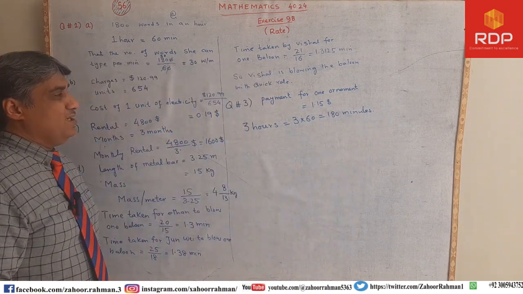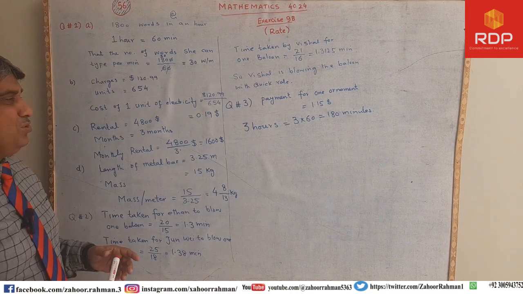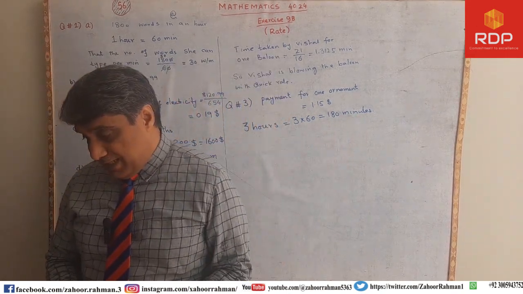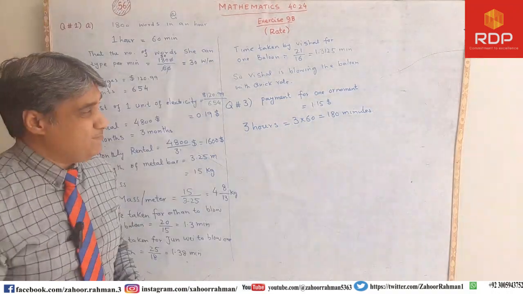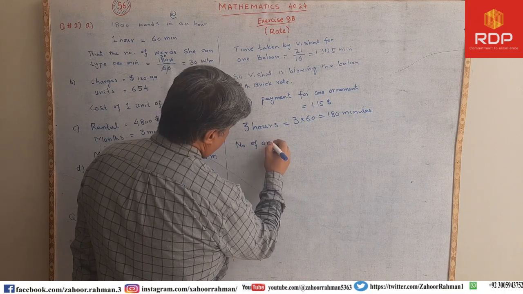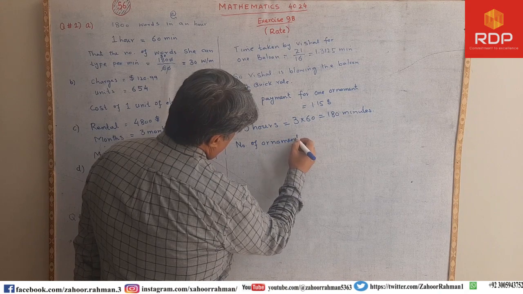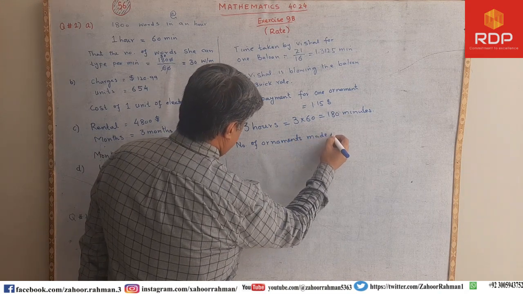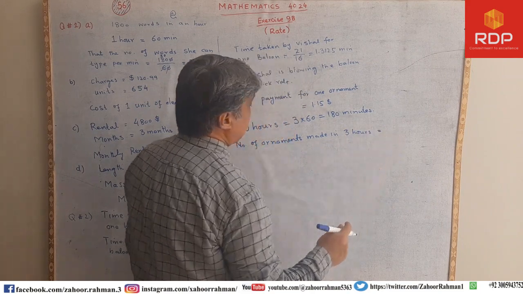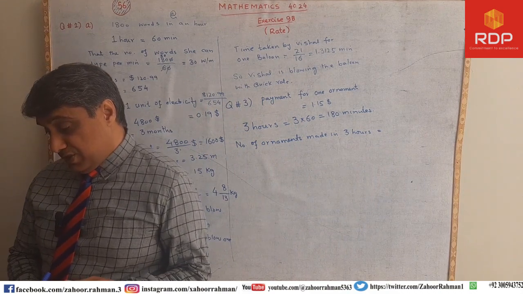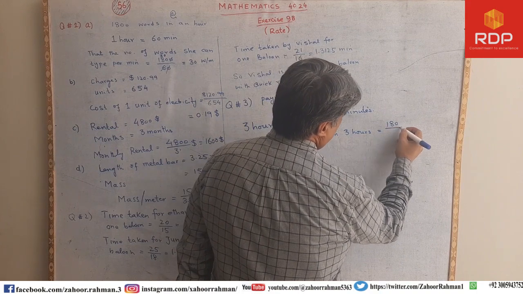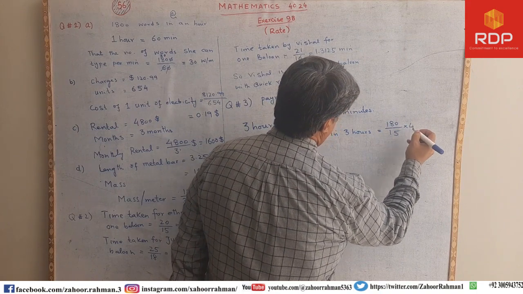So we will use this unit because in the earlier section they gave us minutes. So the number of ornaments made in 3 hours will be equal to 180 divided by 15 multiplied by 4.